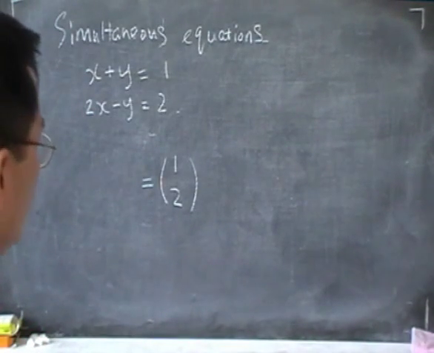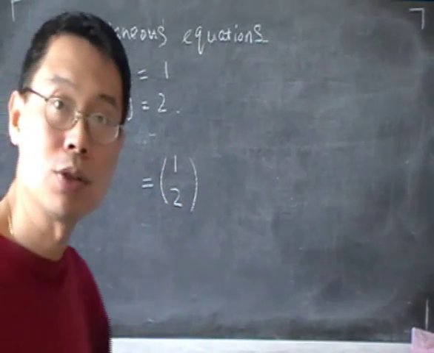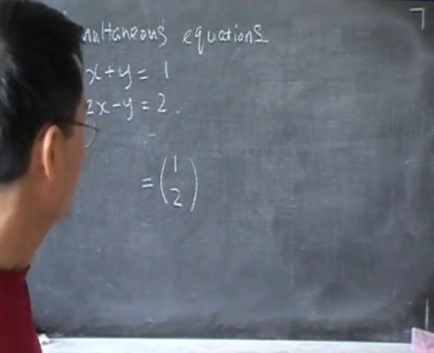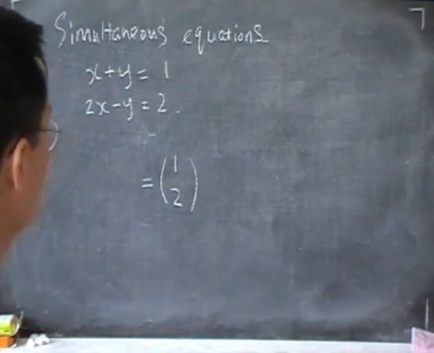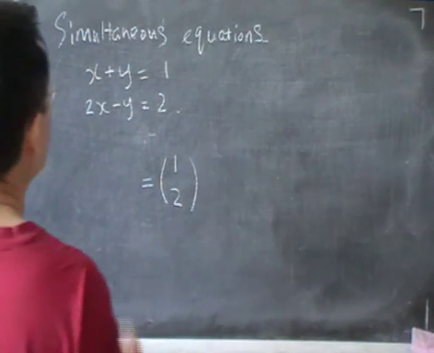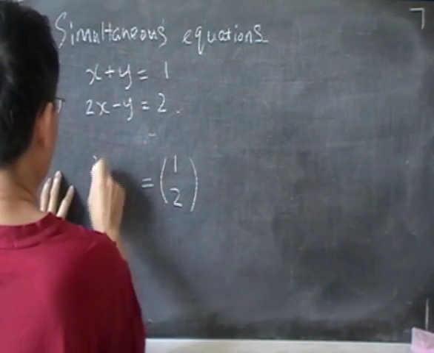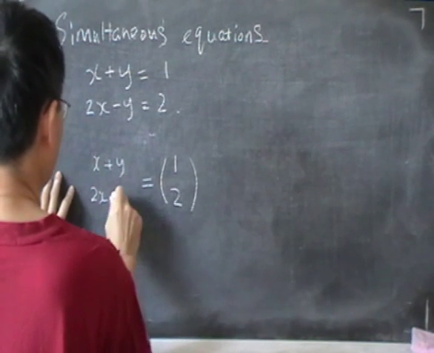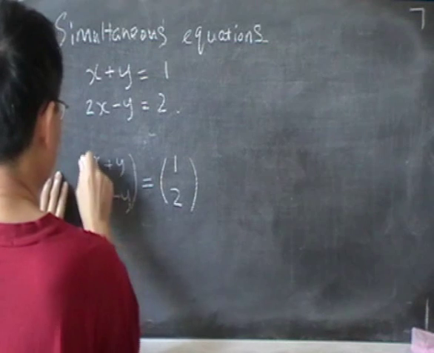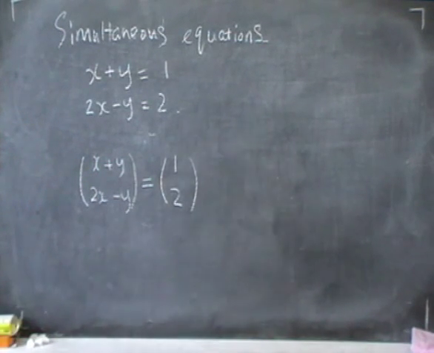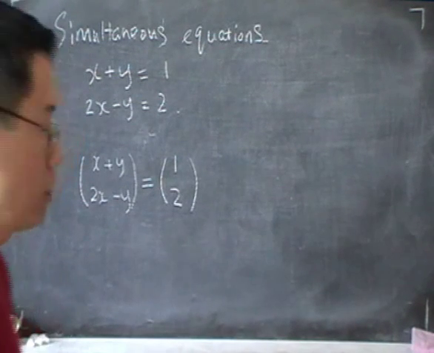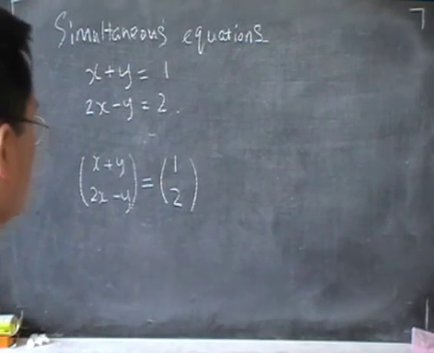In a column with two numbers, 1 and 2. Okay, so you can start to see an idea of how to do it here. These two, let me just do the same. So again, a column with these two expressions.